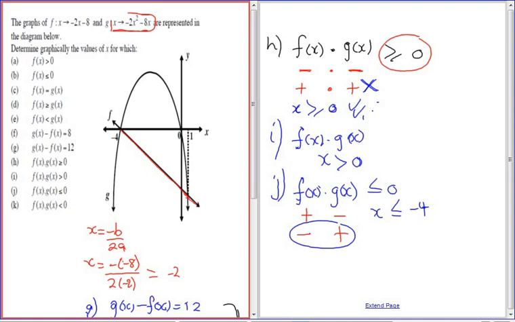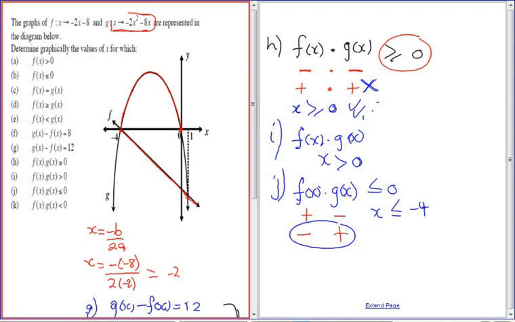So when f(x) is below the x-axis, g(x) must be above. So is that what is happening now? As you can see from this x value, this one is also above. f(x) is below the x-axis, g(x) is above, and up to that point.